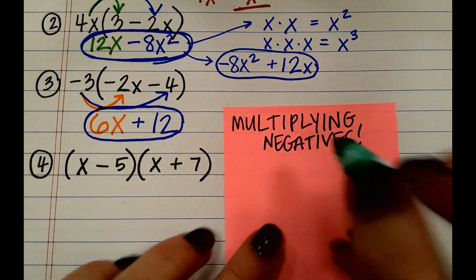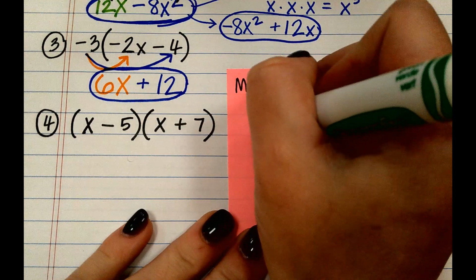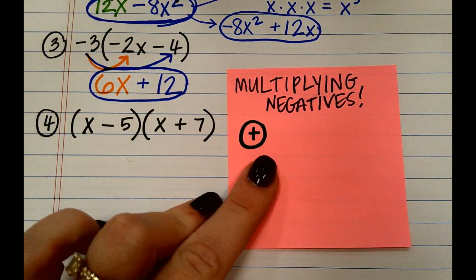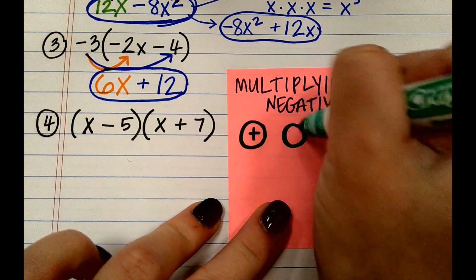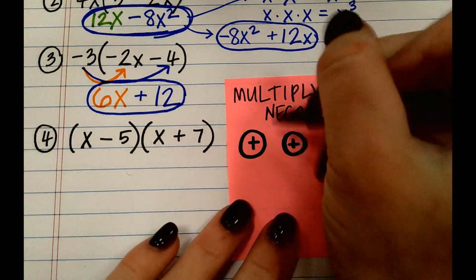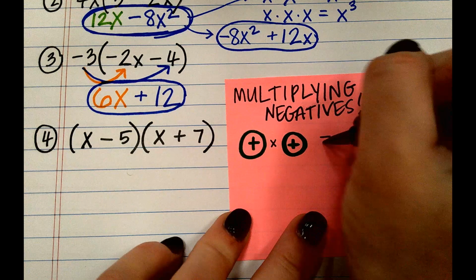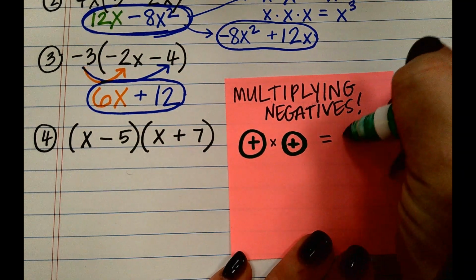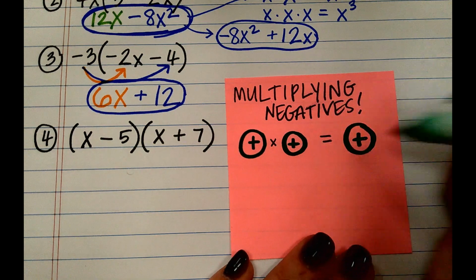So, if I take a positive number and I multiply it by a positive number, and this works for division too, I'm going to get a positive number. No negatives have been introduced. It's all positive.